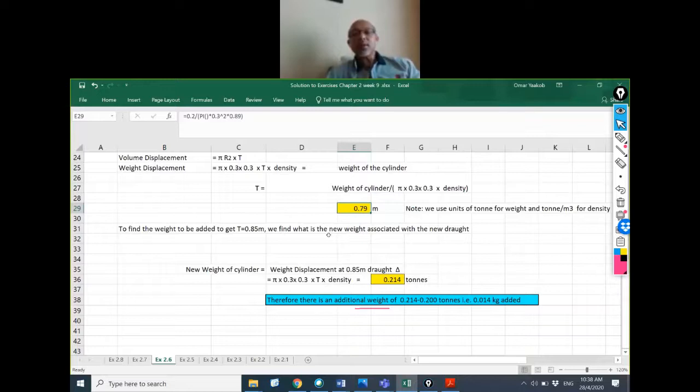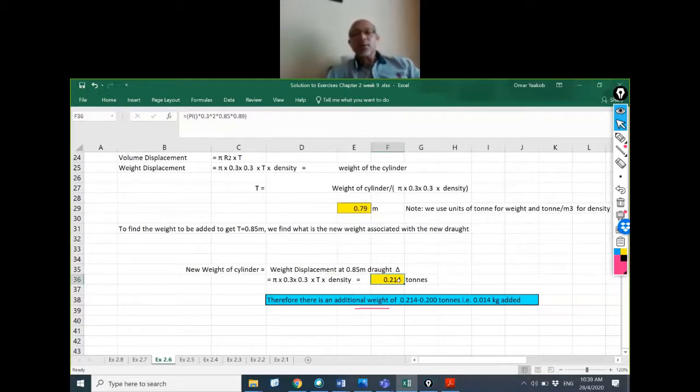So you find the new displacement or new weight of the cylinder by finding the new displacement at 0.85 meter. So this is the new weight at 0.85.